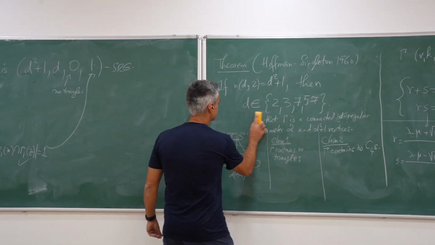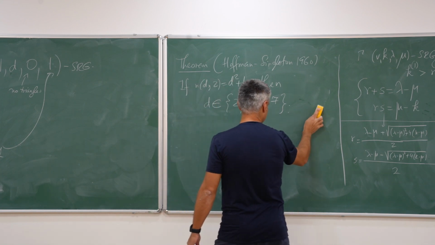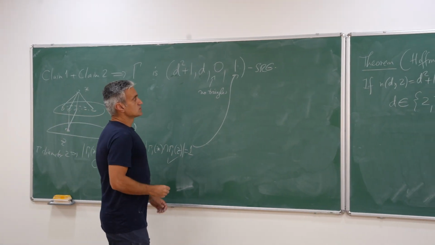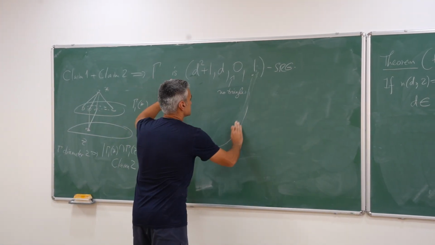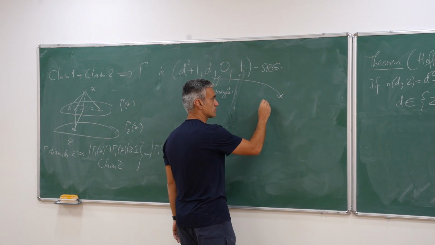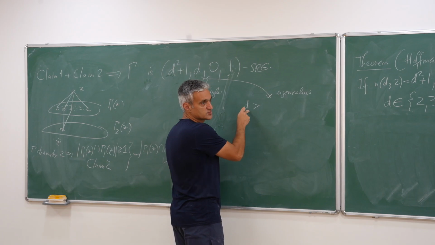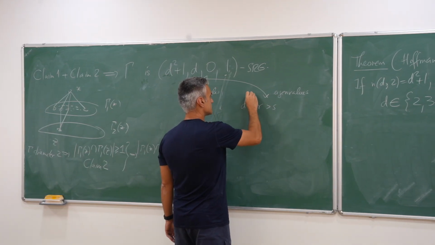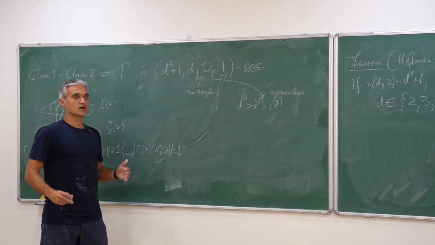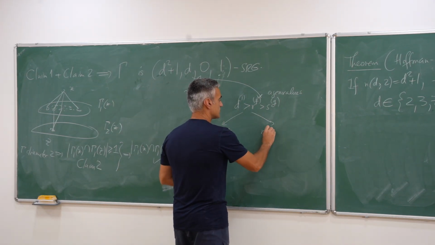Okay, so let me erase here. So now you have this graph, which is a strongly regular graph, and it will have eigenvalues D squared plus 1, K, R and S, with multiplicity 1, multiplicity F, multiplicity G. And now we have two possibilities: either R and S are integers or R and S are not integers.